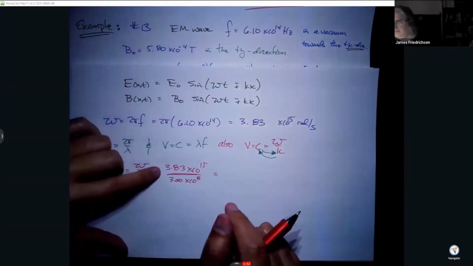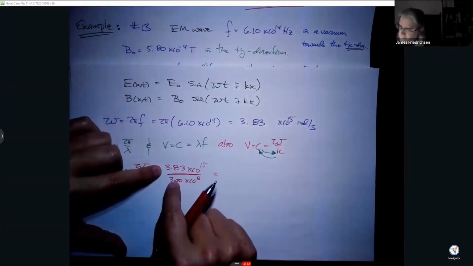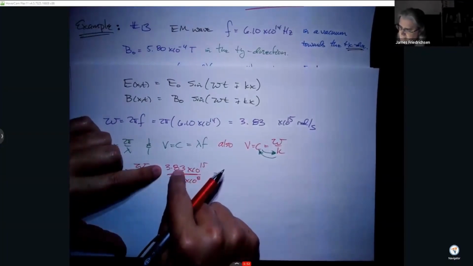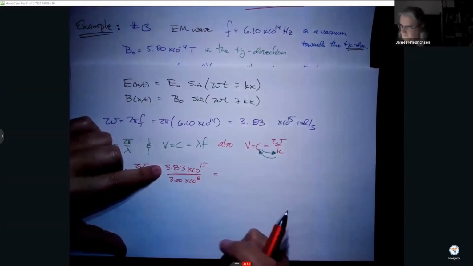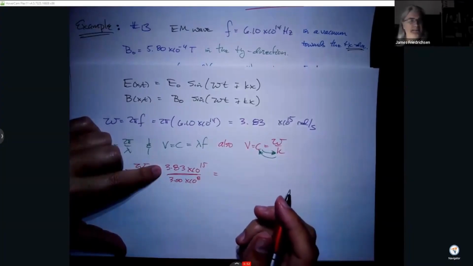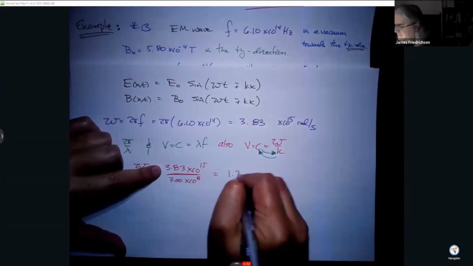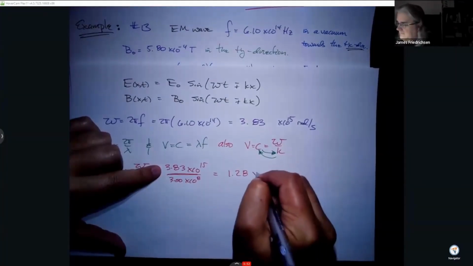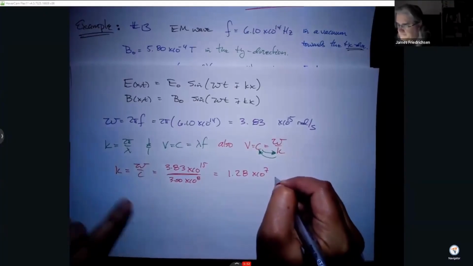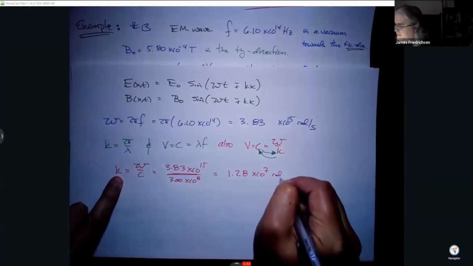So 10 to the 7. This goes in once, this goes in twice, and almost 8. So 1.28 times 10 to the 7. I'm going to guess the 8. I'm probably going to regret that. k is in radians per meter.